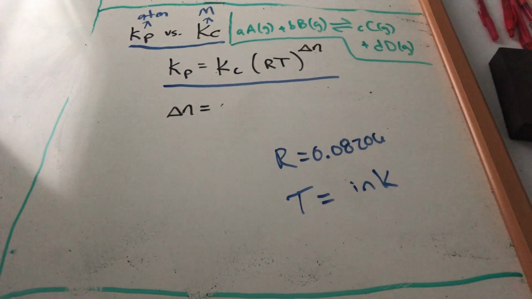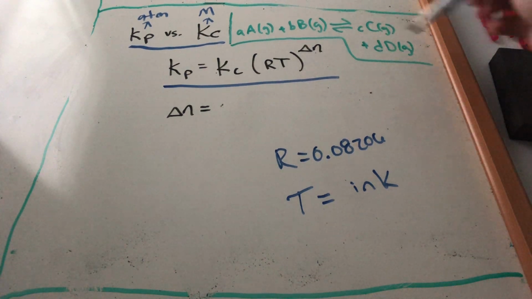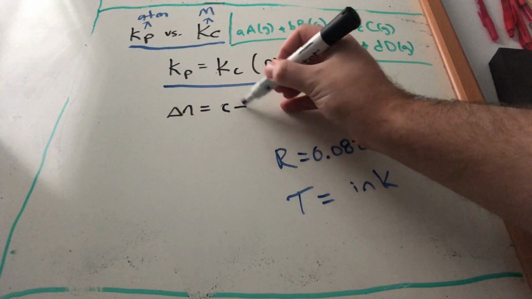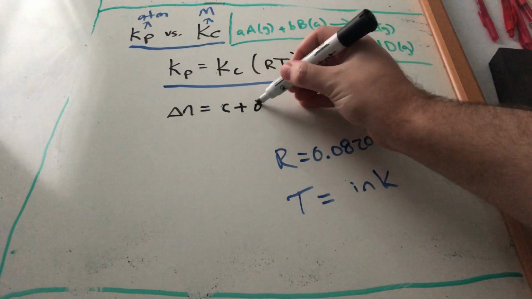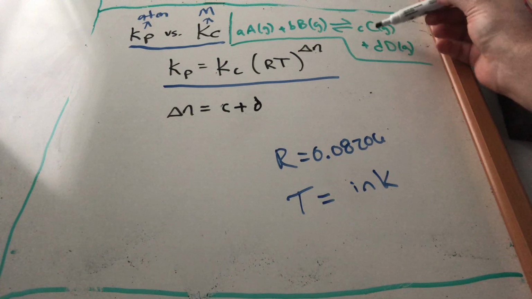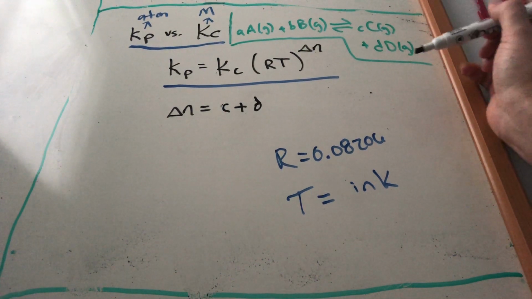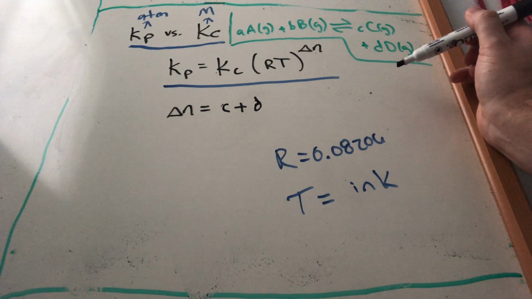Now, delta N is the superscript there, so it's the exponent. So what does delta N equal? Well, what you do is you take all your product stoichiometric coefficients and you add them up. For this simple example, there's only two products. So we take the stoichiometric coefficient c and the stoichiometric coefficient d, and we add them together.